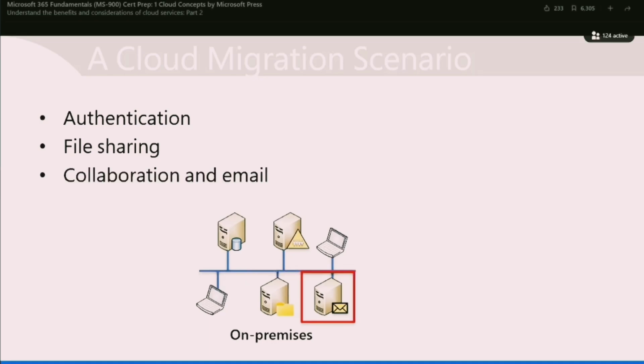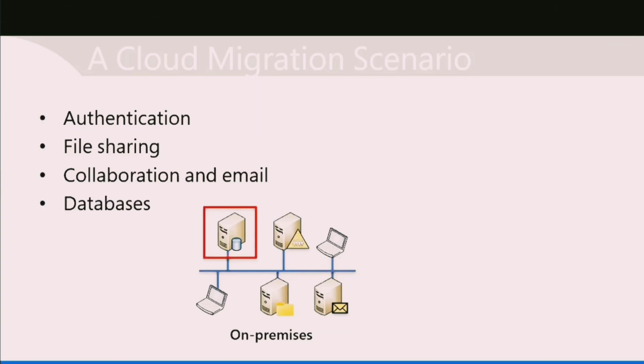Messaging might be provided by Exchange server or some other third-party messaging solution. And then you may have database applications running on Microsoft SQL Server or some third-party equivalent. There'll also be web apps that might be internet-facing or customer-facing or even user-facing that you use to facilitate internal communications from external users. And there'll be virtual machines and other compute resources within your environment.